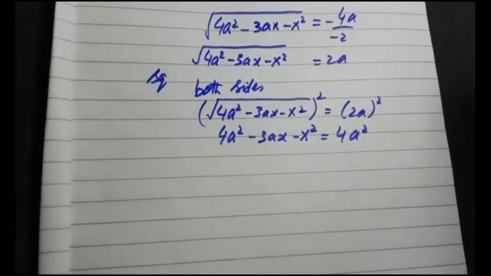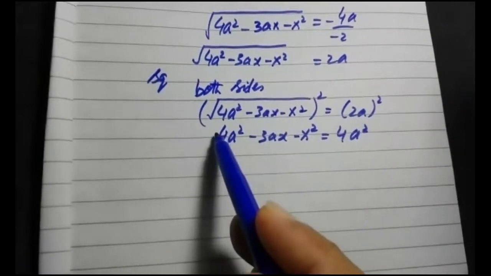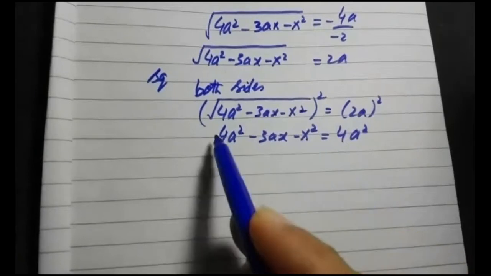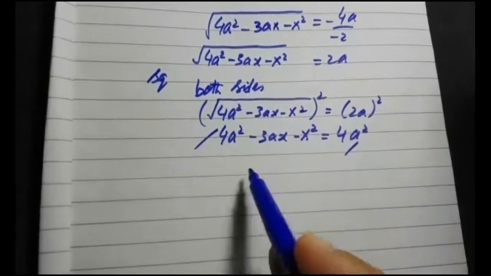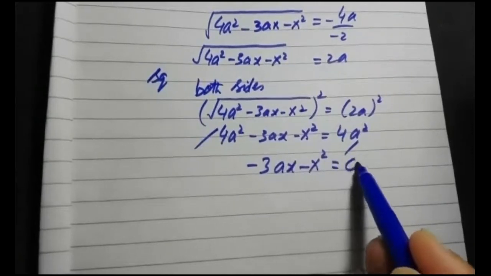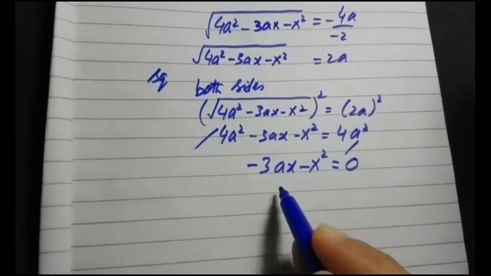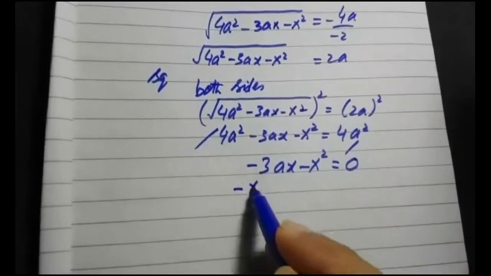Now you are in a position to shift 4a square to the other side and directly cancel both of these terms. So you will get minus 3ax minus x square equals 0. I have cancelled 4a square from both sides. Now take minus x common.